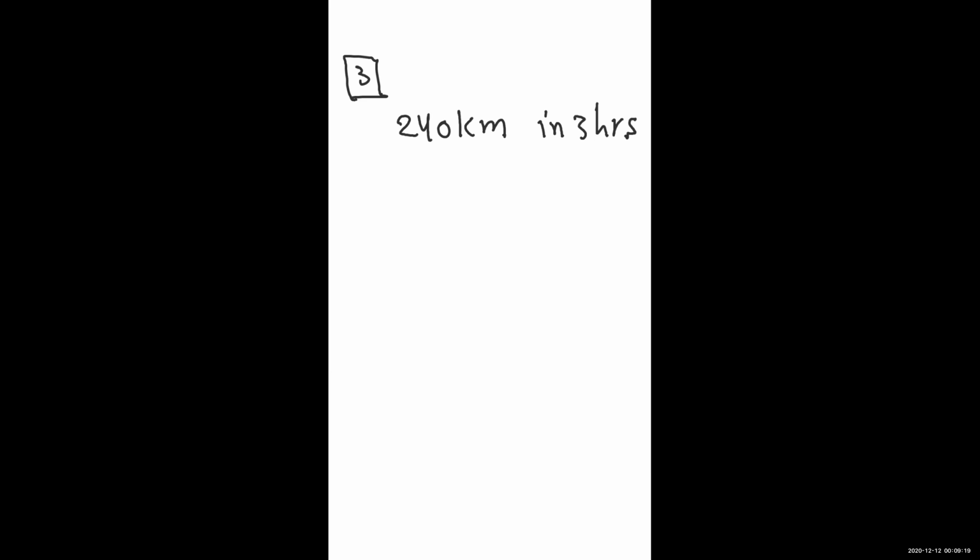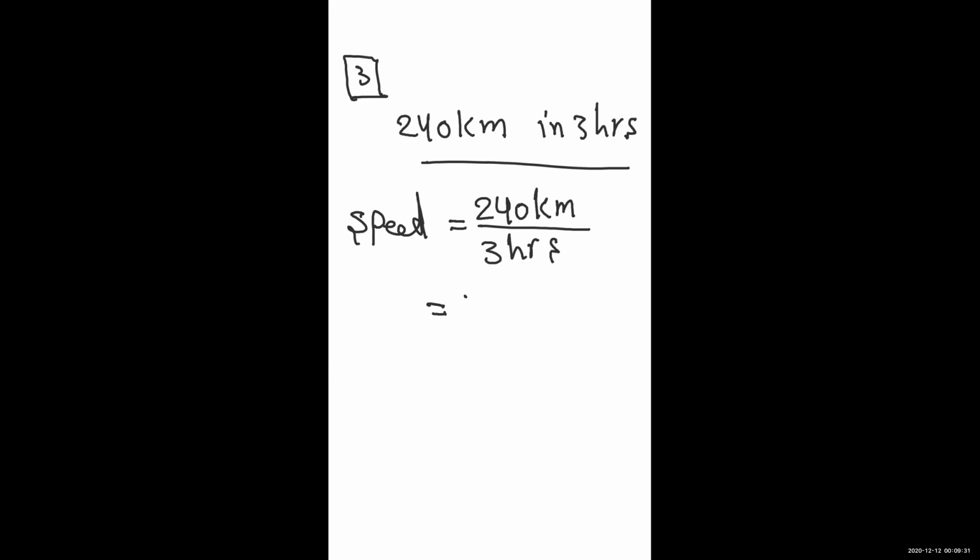Calculate the speed of this car. So the speed will equal 240 kilometers over 3 hours, so it will equal 80 kilometers per hour.